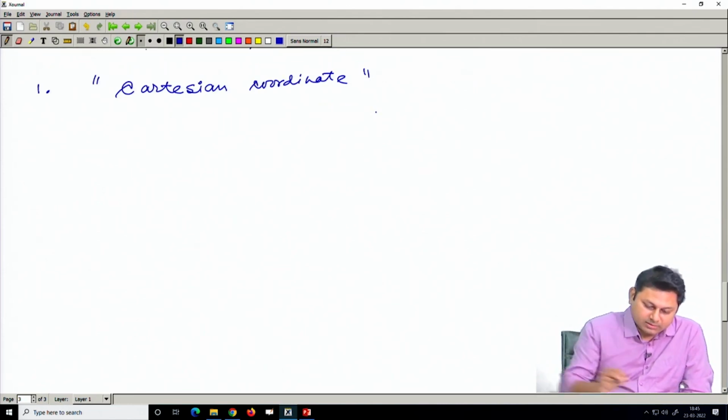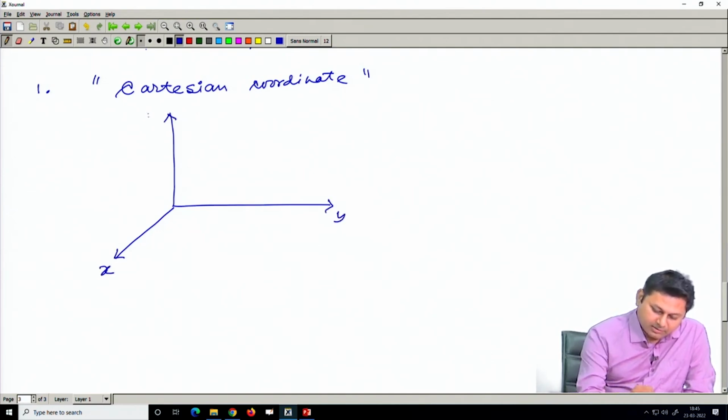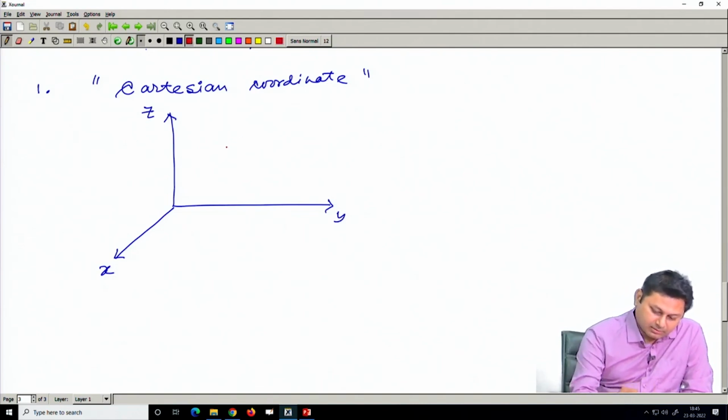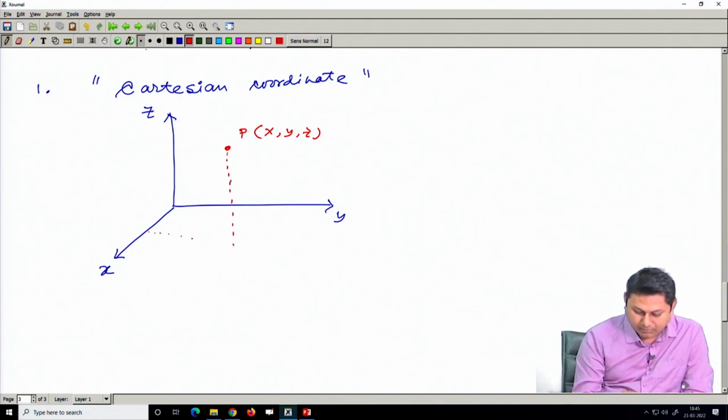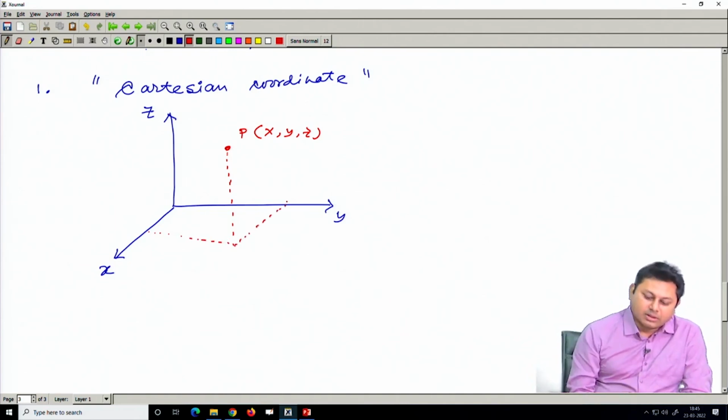For the Cartesian coordinate, we have x, y, z, they are perpendicular to each other, and any point P, which is a function of x, y and z, we can locate by simply calculating the x point and then the y point and the z point.